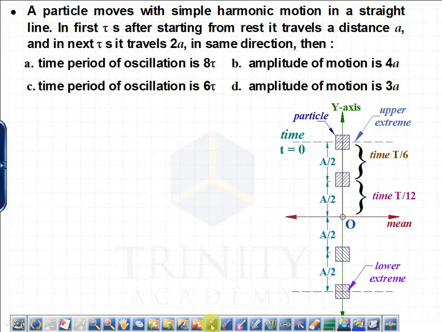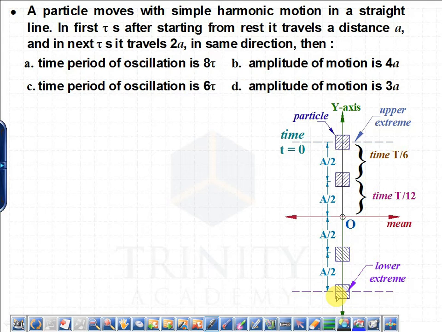Suppose a particle is performing SHM, then for the particle to travel from the mean position to half of the amplitude takes 1/12 of periodic time. From the mean position to the extreme position is 1/6 of periodic time. That is basic information which is there for any SHM.